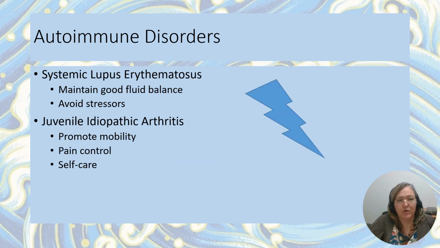As far as autoimmune disorders go, lupus is one that I would want you to know the most about when you're studying. So with lupus, people generally think of the butterfly rash when they're identifying it, but there's a high number of people that get lupus that never have the butterfly rash.